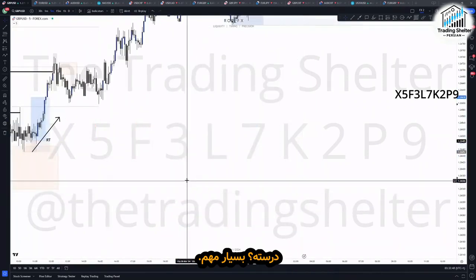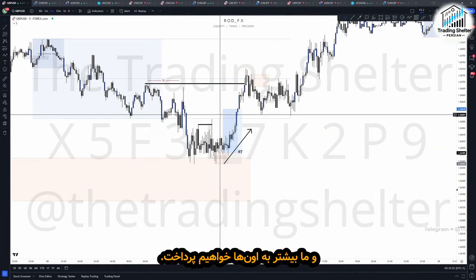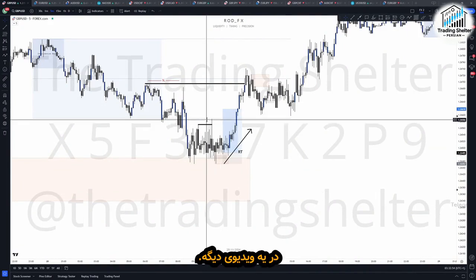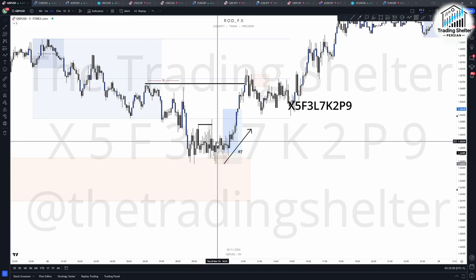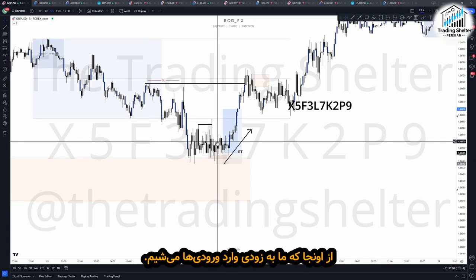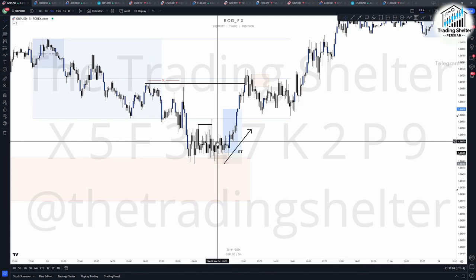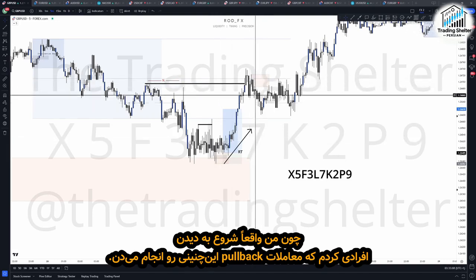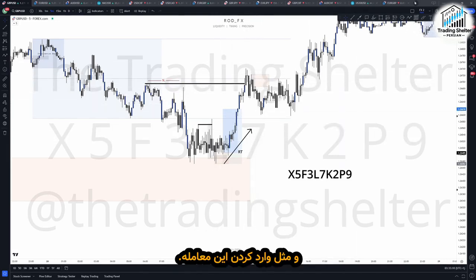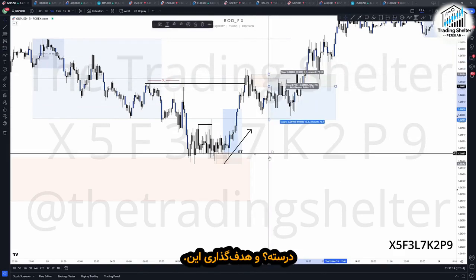Very important. The take profits, we will go deeper on them in another video. But what I'm trying to explain is, since we're soon going to the entries, I need you to be diligent about where you enter. Because I really started seeing people taking pullback trades like this, entering this trade, right?